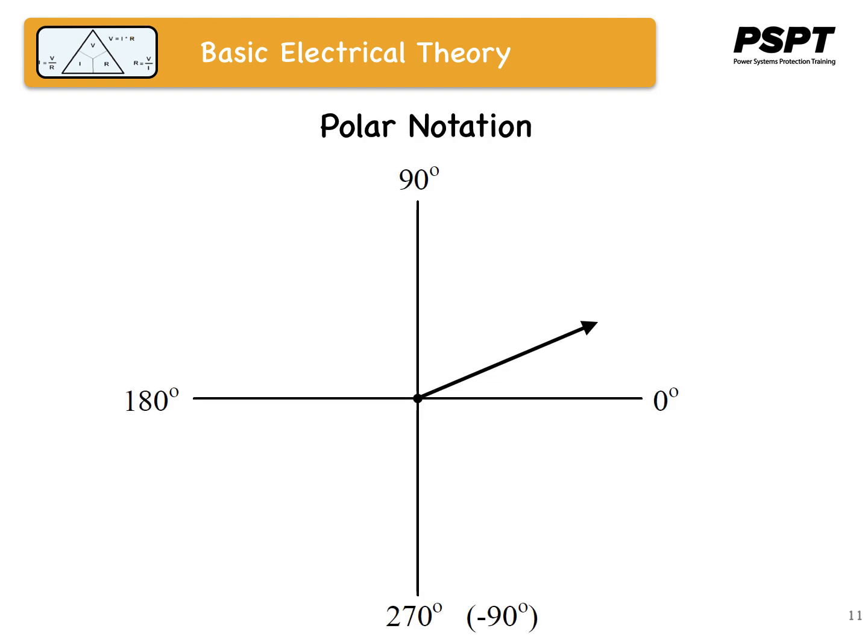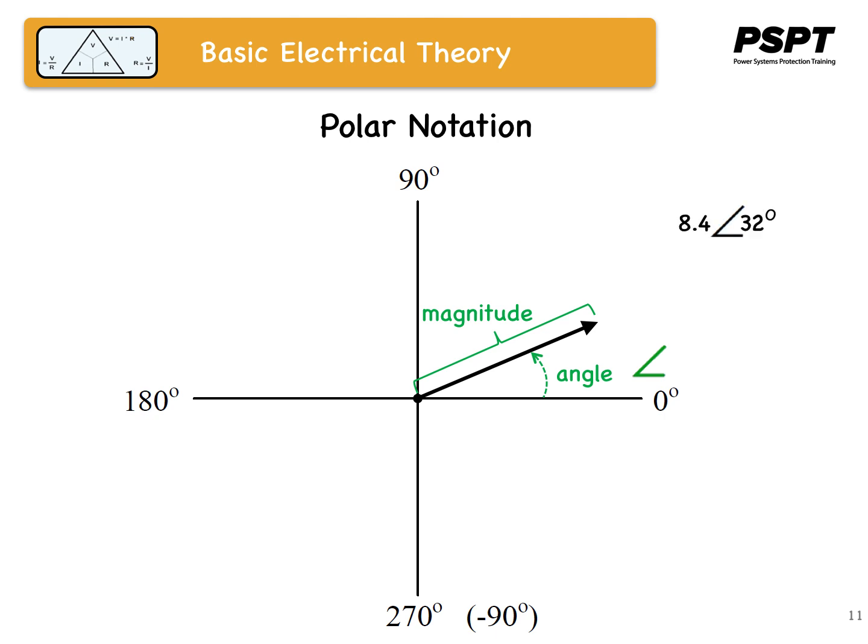There are a couple of ways of describing phasors in our system. One is polar notation, as I've indicated here. Polar notation is used in conjunction with what we call the polar plane. The phasor is denoted by the length, otherwise known as the magnitude, and the angle of the phasor, usually with respect to the horizontal, as it is in this case, and it's denoted by this symbol here that looks like an angle itself.